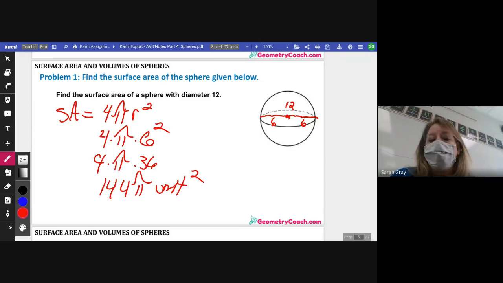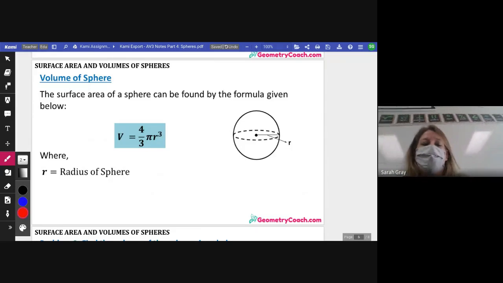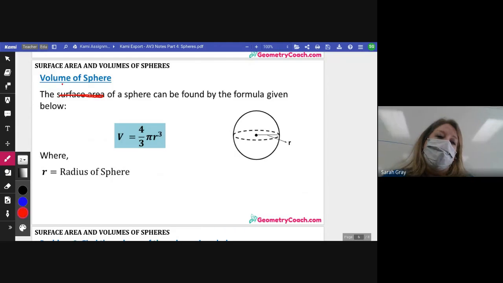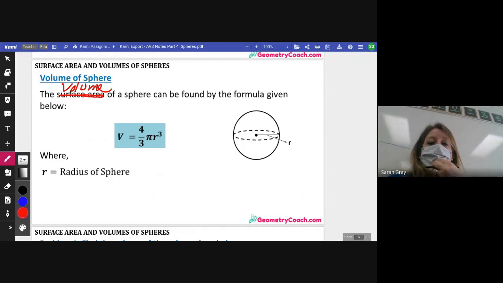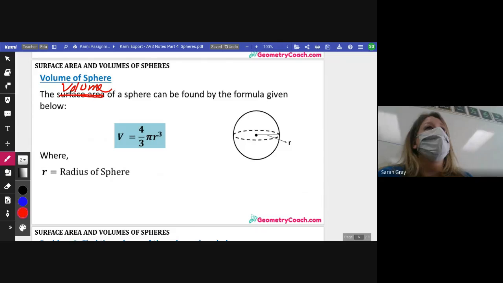Alrighty. So this one has a misprint in it. It says the surface area of a sphere. We just did surface area. This is supposed to say volume. The volume of a sphere can be found by the formula 4/3 pi r cubed.